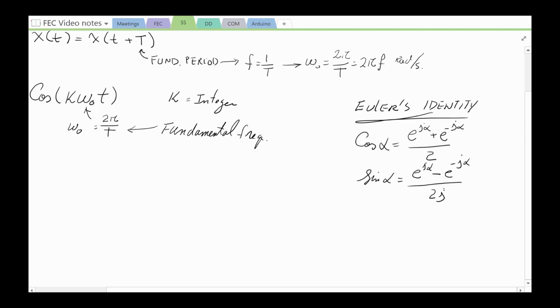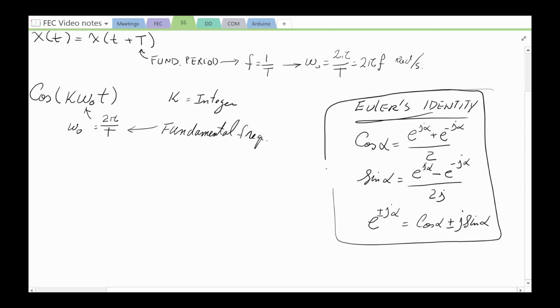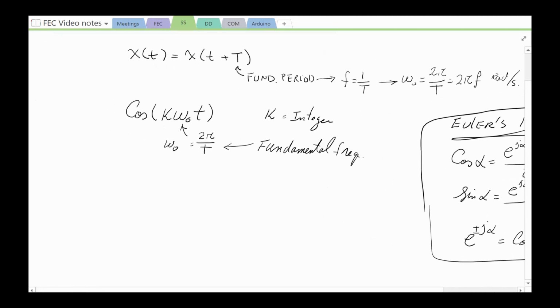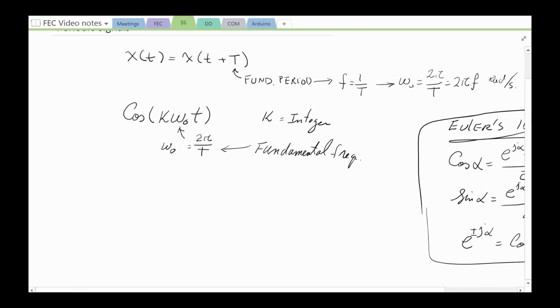These are basic ways of converting from sine and cosine to e to the j. You may also see this written as e to the plus or minus j alpha equals cosine of alpha plus or minus j sine of alpha. Collectively these are called Euler's identity, and I would highly recommend you keep that in mind. Of course, the definition of periodicity is pretty basic.